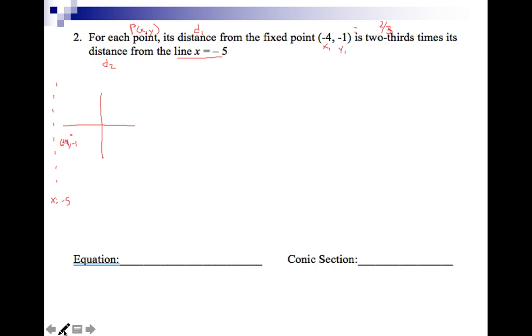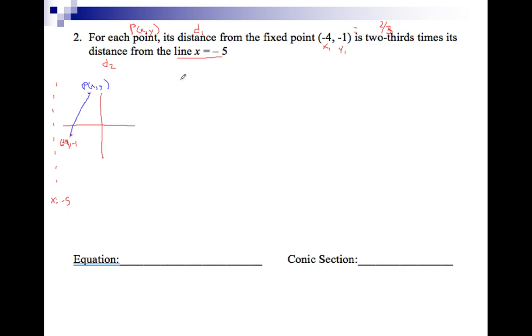Now draw a random point. So here's some random point. The distance, so you can do this, right? This is regular Pythagoras, a distance from its fixed point.